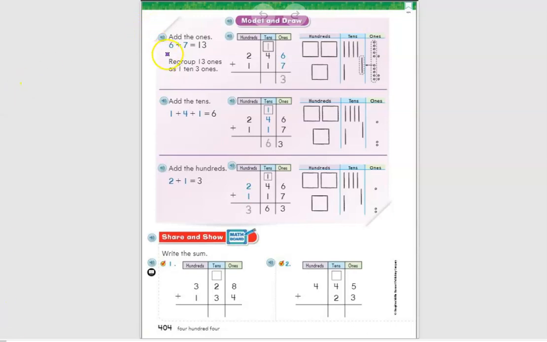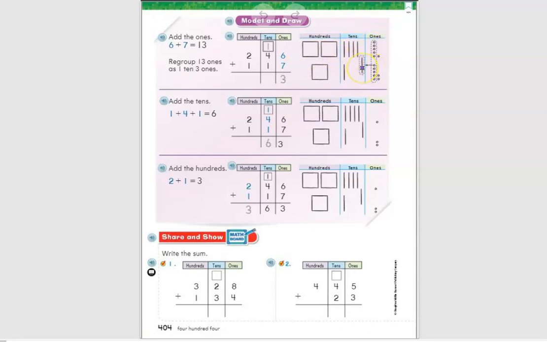So take a look here. If we have the number 246 and 117, first thing we're going to do is draw our quick picks. So we have 200. We have 4 tens because 4 is in the tens place, which means 40. And then we have our 6 ones. You see how they're regrouping?